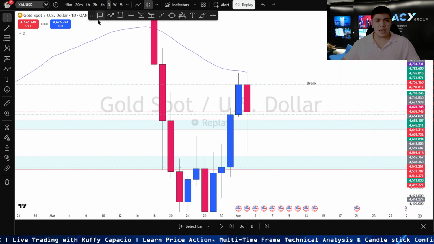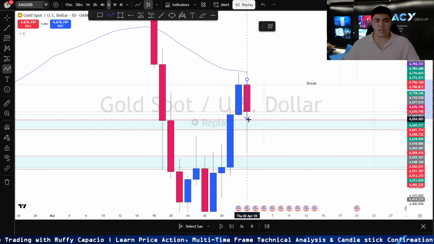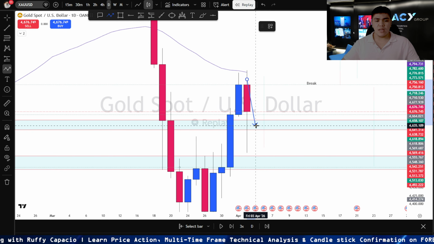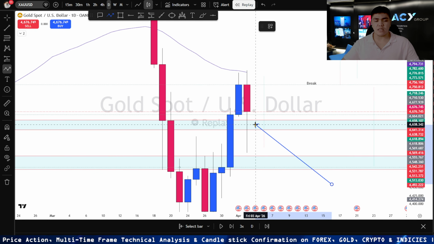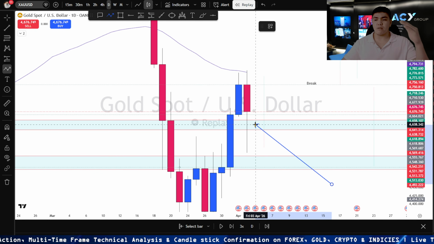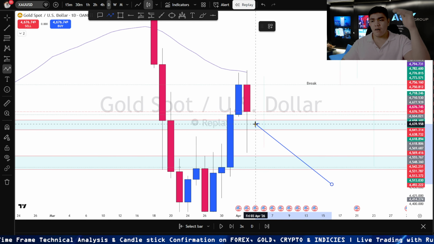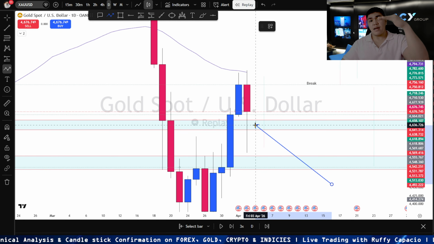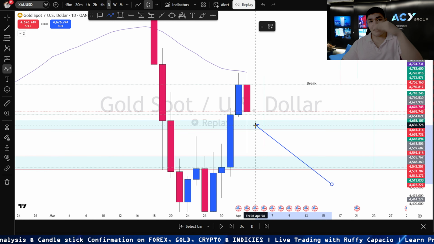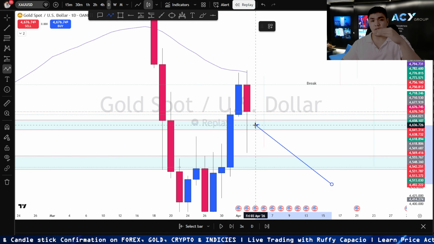Now that is already a retest because it is already touching this daily resistance zone. Because this is already broken and price is above, it is already acting as a support. Once price is above, support; below, resistance. Price above, acting as a floor.